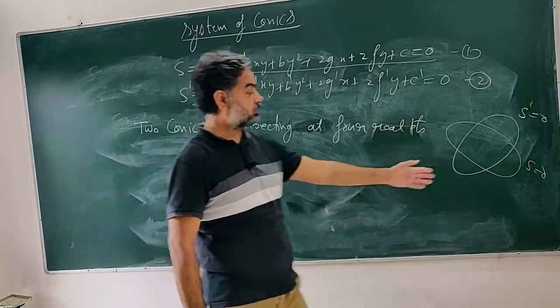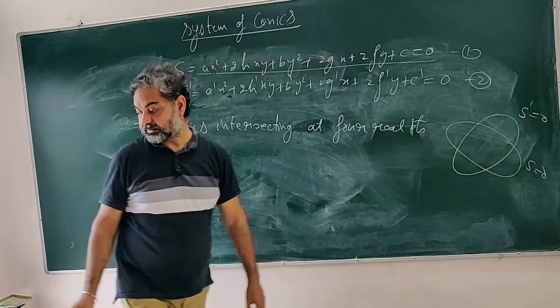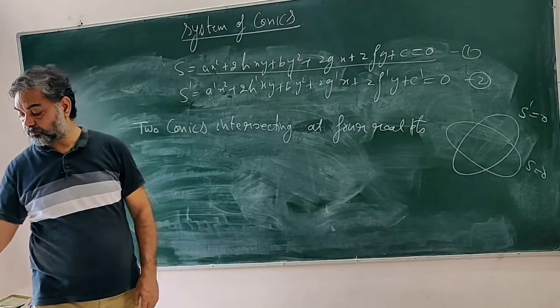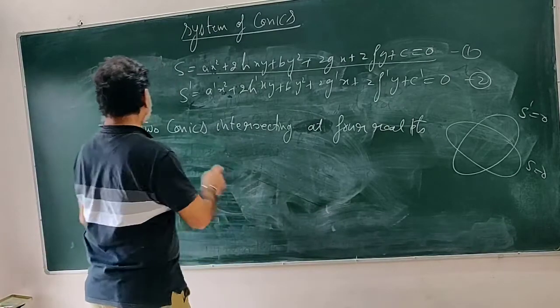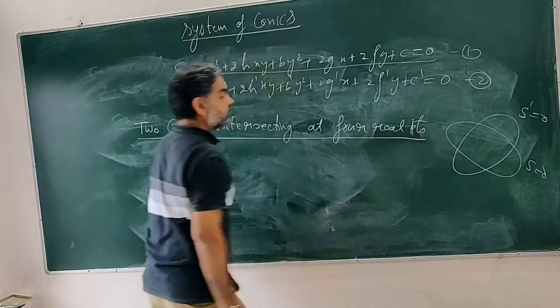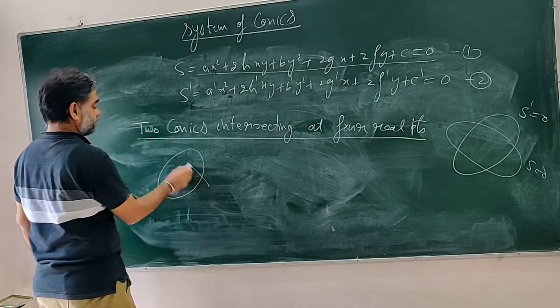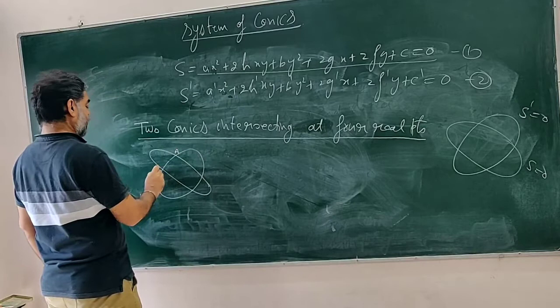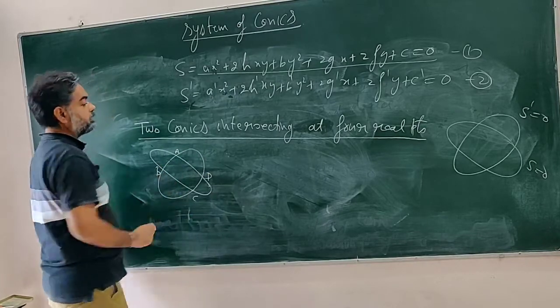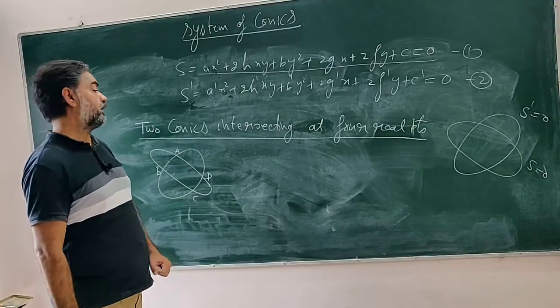Suppose one conic is S equal to 0 and the other conic is S dash equal to 0. And suppose these two conics intersect at 4 real points A, B, C, D. Alright, 4 real points.